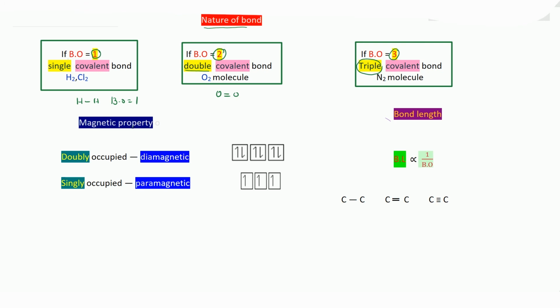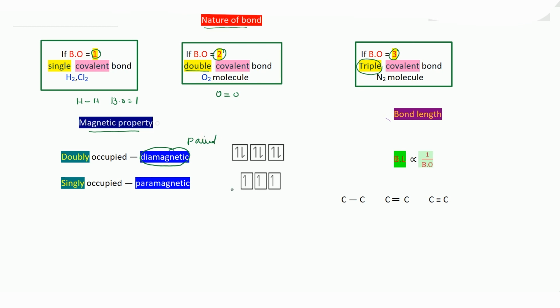Next, from the molecular orbital diagram, we will know the magnetic property, whether the molecule is diamagnetic or paramagnetic. If in the molecular orbital diagram all electrons are paired up, that is doubly occupied, then it is called diamagnetic.